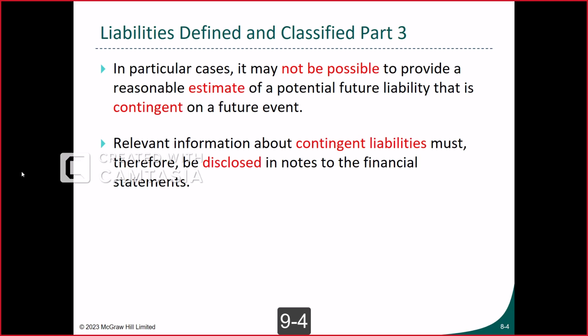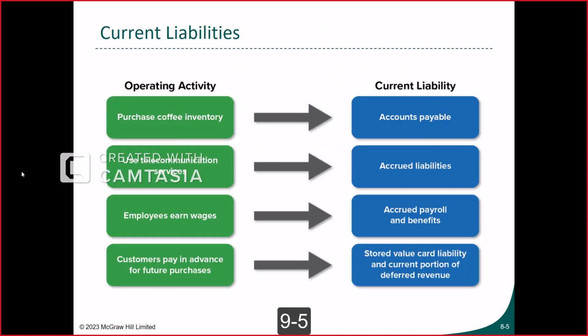In this case, if the lawyer says there is no way for me to make an estimate, that would be qualified as a contingent liability. As a consequence, there is no journal entry to recognize it, but there is a requirement to disclose this dispute in the notes to the financial statements, the narrative disclosure, not in the body of the balance sheet.